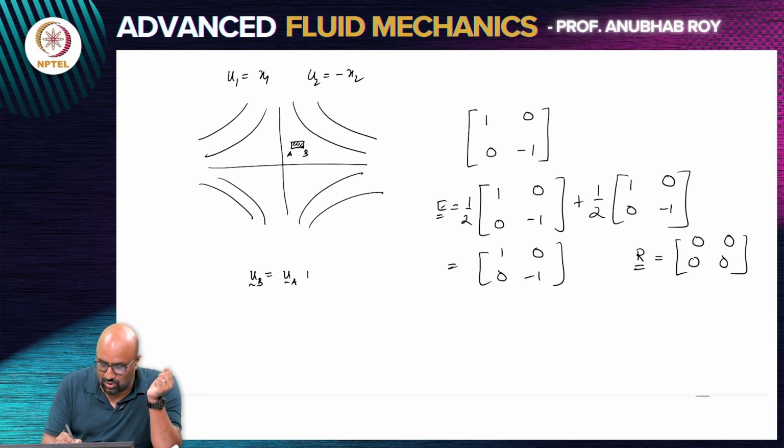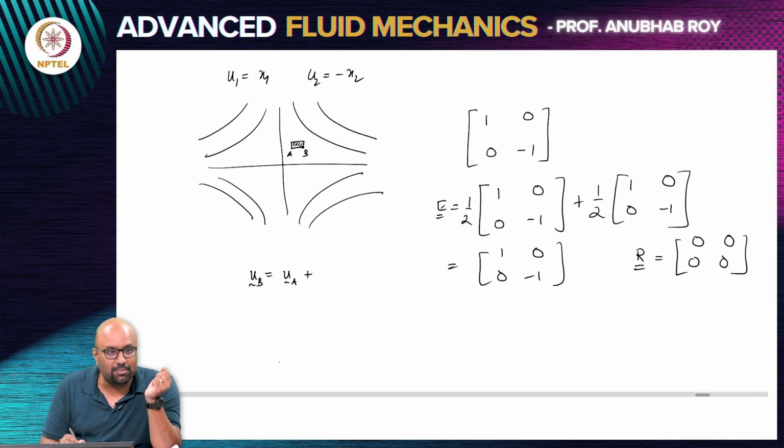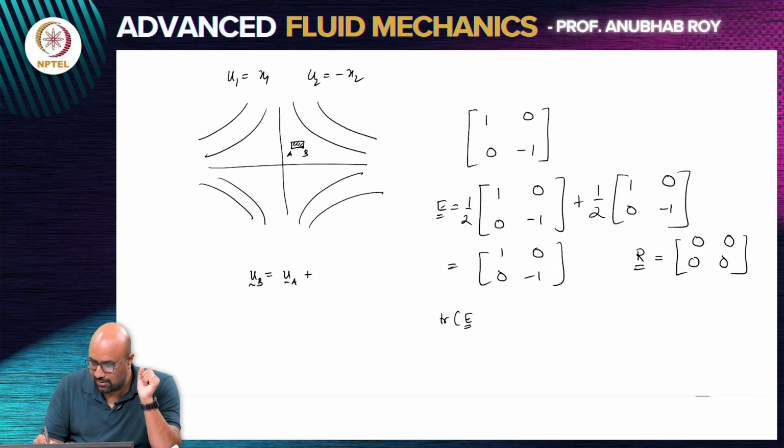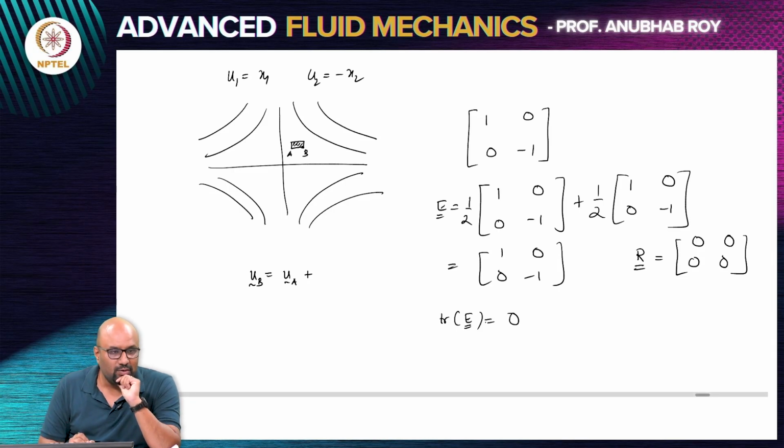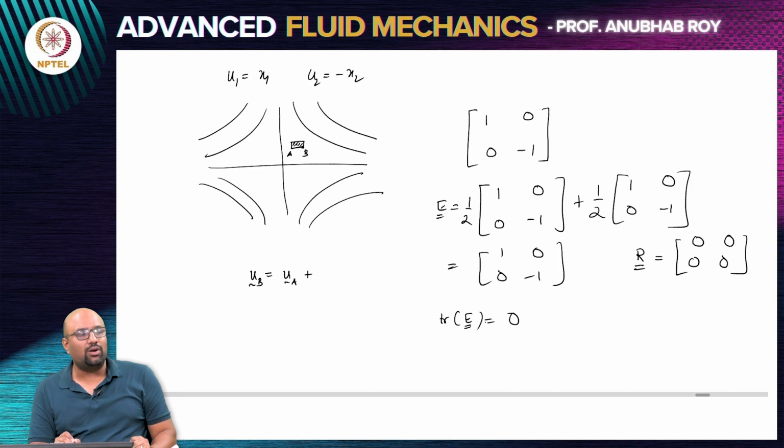There is a contribution from the straining part, which tells me whether I get an isotropic expansion or contraction. If you check the trace of E, it is 0, which means there will not be any isotropic expansion or contraction. There is going to be stretching and compression without any change in volume.